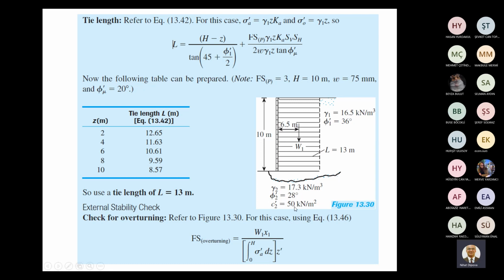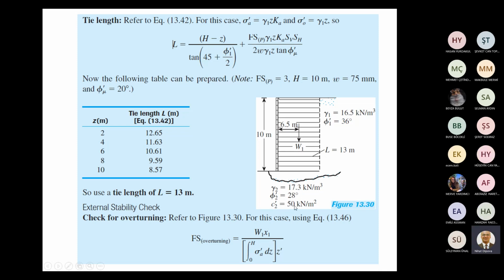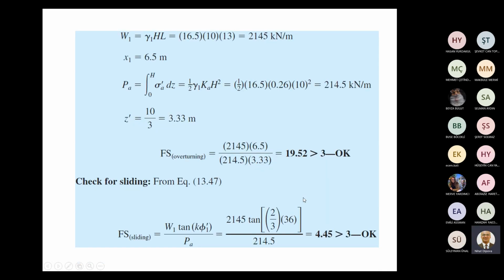Please note that we may have cohesion at the natural soil, but at the granular backfill, it should be cohesionless. Cohesion C should always be 0 in the backfill, but under the bottom, we may have a cohesion and internal friction angle.